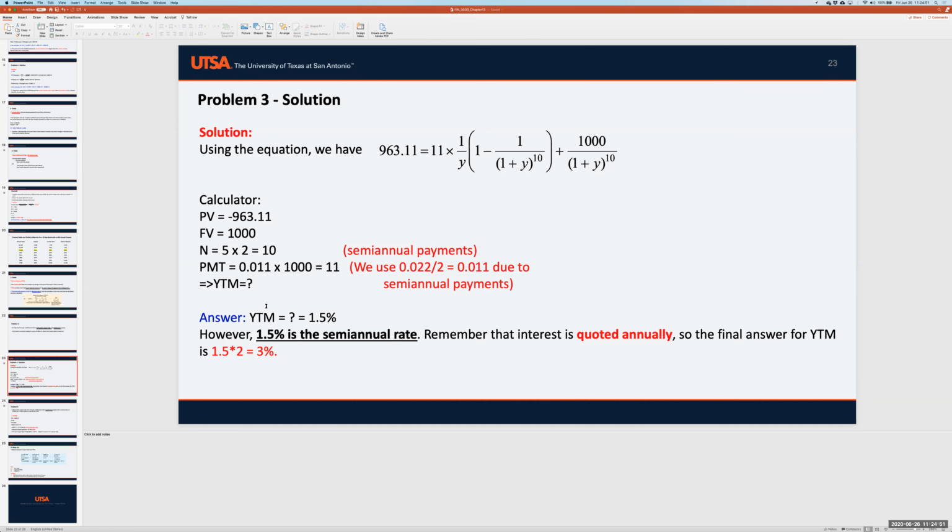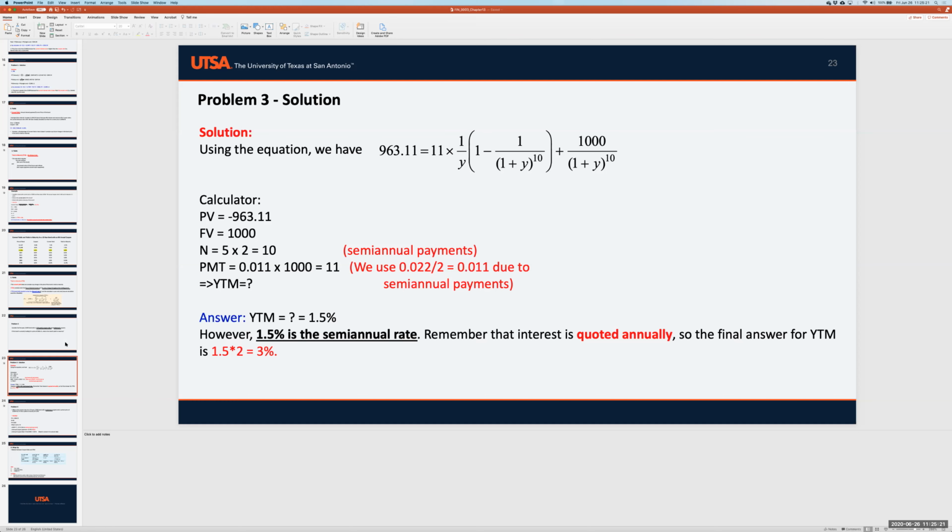So by using these values, payment 11 semi-annual, 10 number of periods, future value of the bond, and the present value of the bond, we find the yield to maturity, the discount rate. But this is the semi-annual rate, and the question asks for the annual yield to maturity. So you just simply multiply by 2 and find the annual yield to maturity.